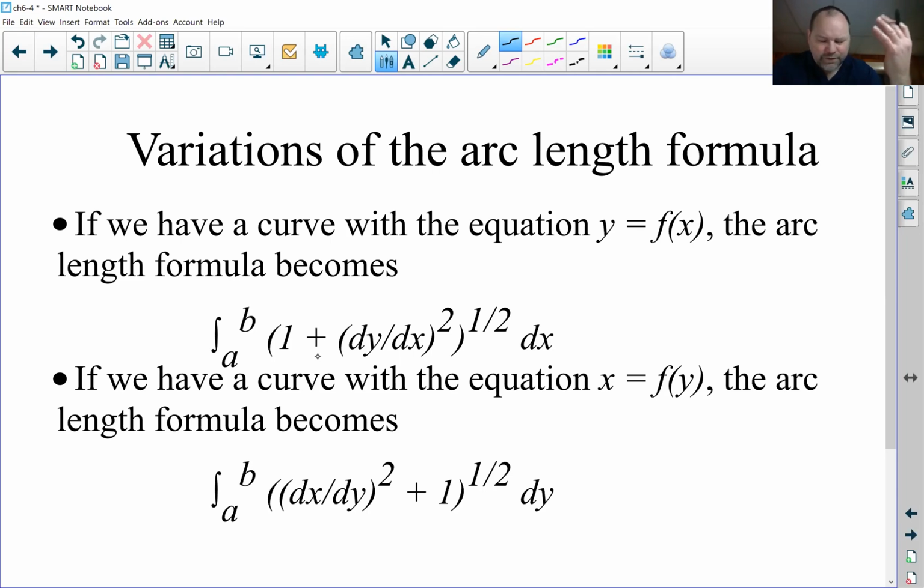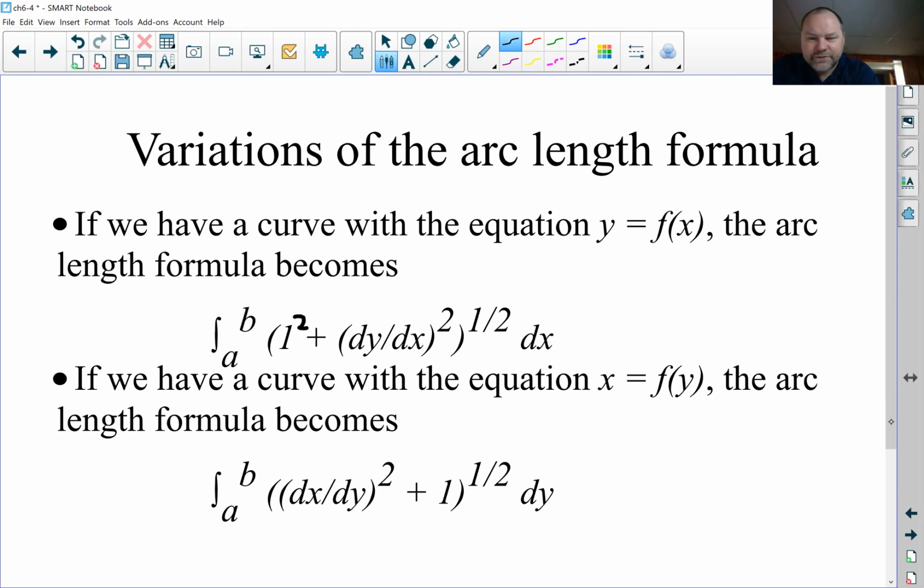One way to think about that, that's the derivative of x with respect to x. dx over dx is 1. And we could put squared in there, nothing wrong with that because 1 squared is 1. But then we take the derivative of y with respect to x, square that, and take the square root.